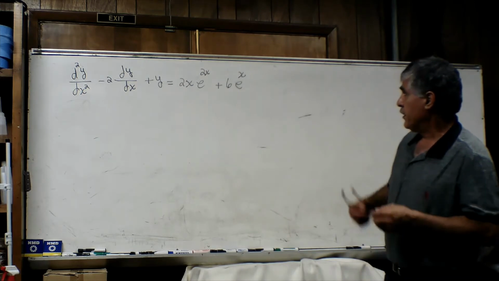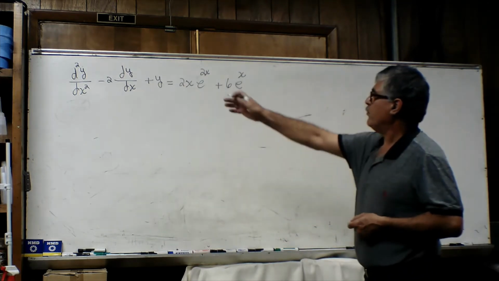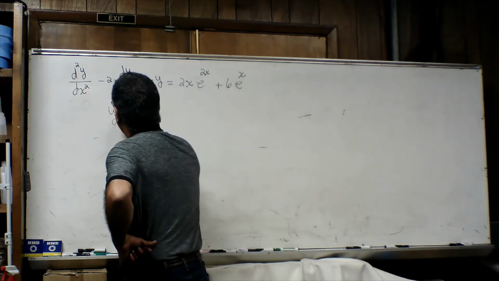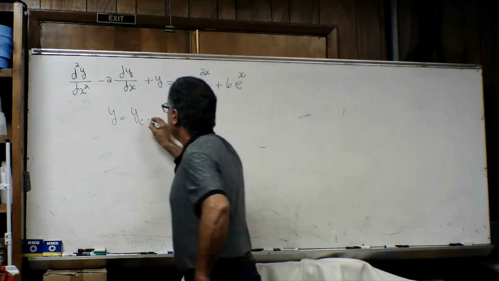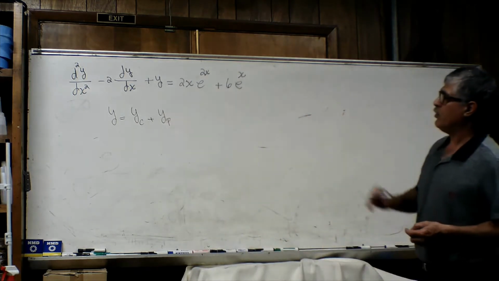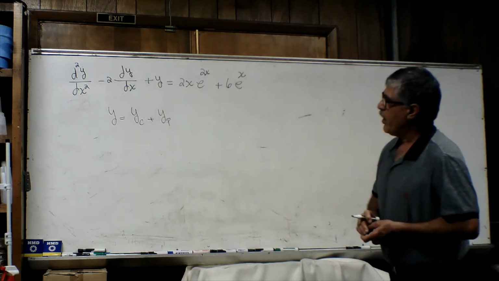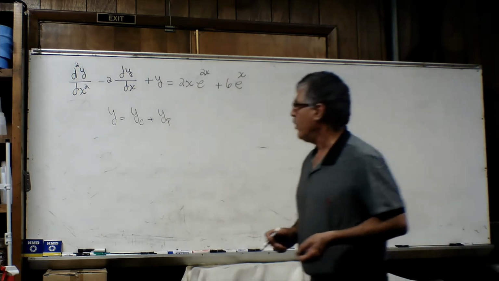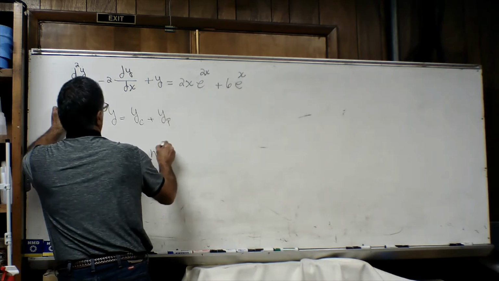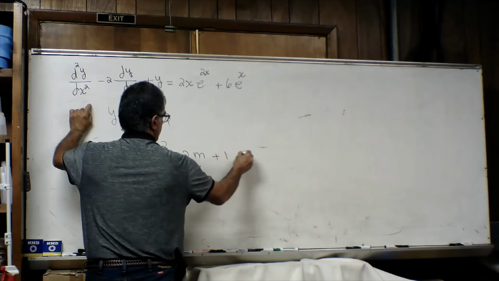So let's look. We know that the general solution for an equation like this will be y equal to yc plus yp, where yc is the solution to the homogeneous portion of that equation, and to find that we can use the auxiliary polynomial and write this portion as m squared minus 2m plus 1 equal to 0.